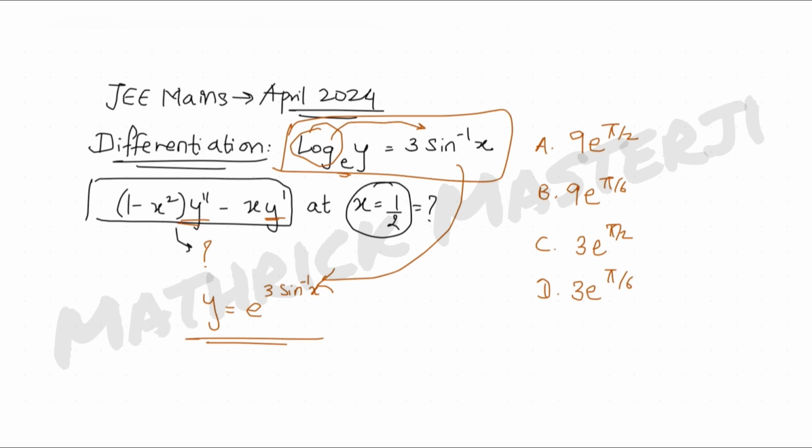So let's see. I have y is e raised to 3 sine inverse x. If I take the first derivative, I get dy over dx equals e raised to 3 sine inverse x, because the derivative of e raised to x is e raised to x into the derivative of the entire exponent. That is 3 times the derivative of sine inverse x, which is 1 over root of 1 minus x square.